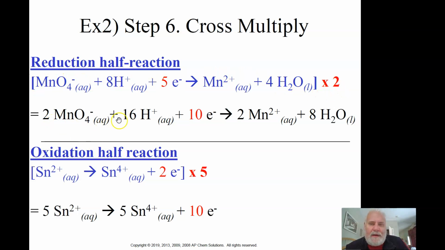So that is going to complicate this quite a bit. And you can see those coefficients technically can be reduced. You just doubled them all. But you got to leave it in that form, because in the reduction you have to gain 10 electrons and you have to lose 10 electrons. So there's what we're going to do with the tin reaction.